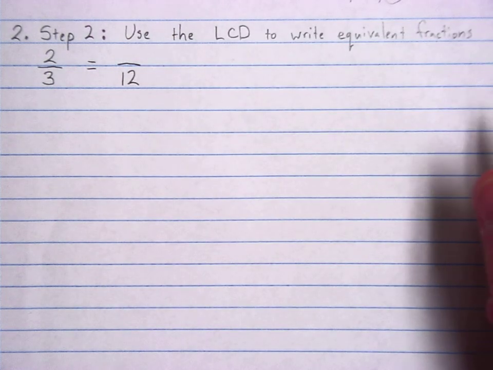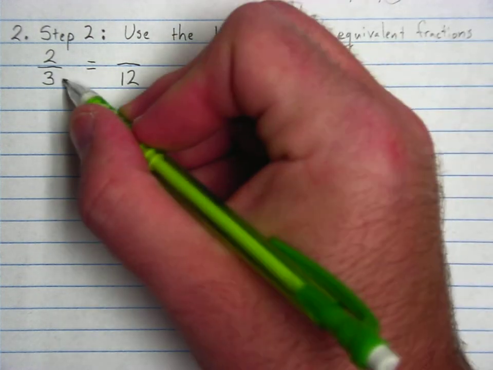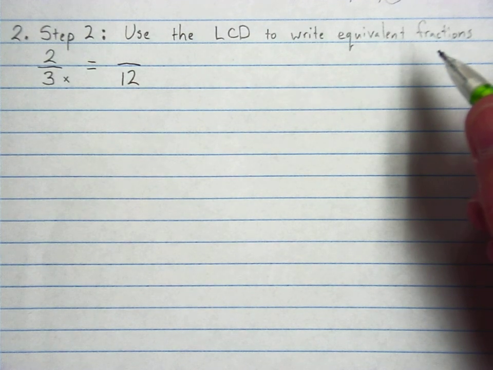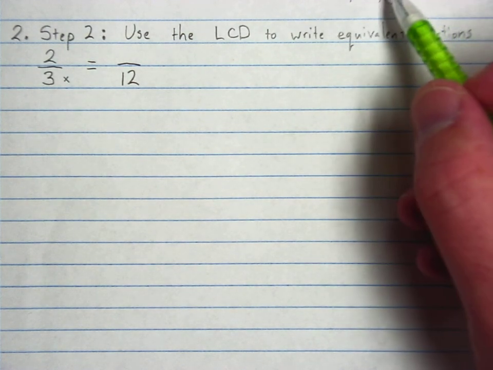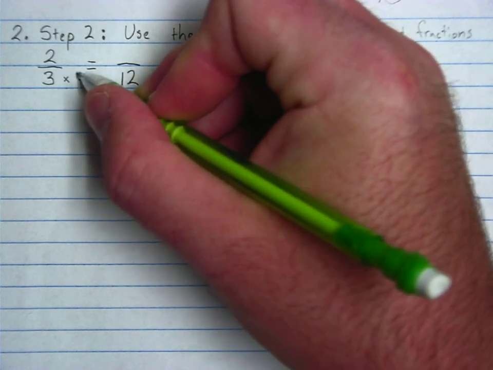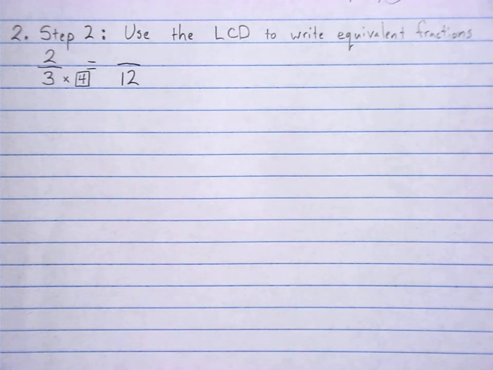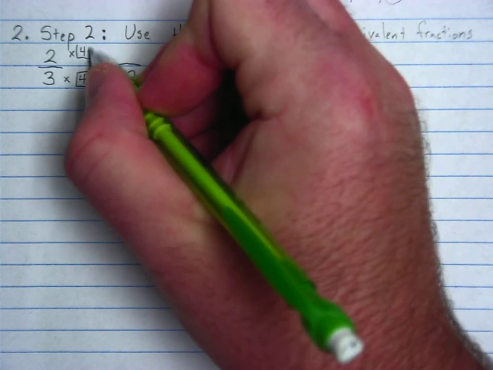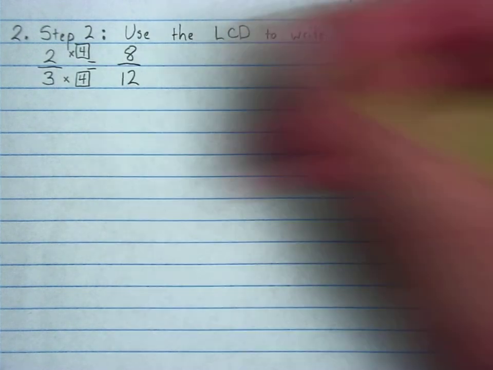Excuse me, 3 to 12. I need to multiply 3 times something to make it 12. Well, when we were listing our multiples, we talked about how that was 3 times 4. Anything I multiply the bottom by, I have to multiply the top by as well. So 2 times 4 equals 8.